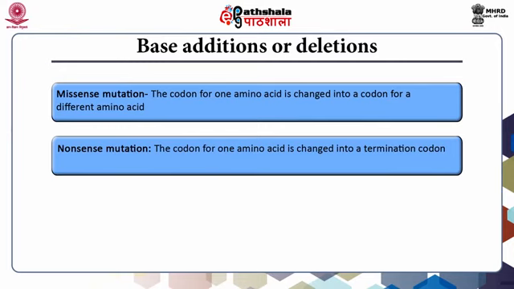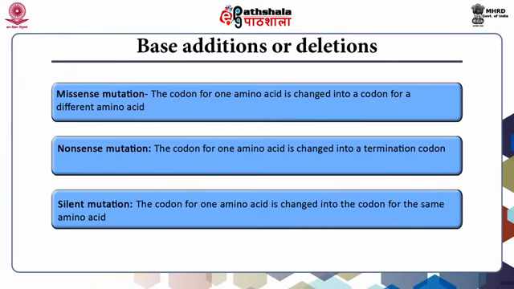The third category is silent mutation, where the codon of one amino acid is changed into another codon for the same amino acid. So, these are the three categories of base addition or deletion among gene mutations.